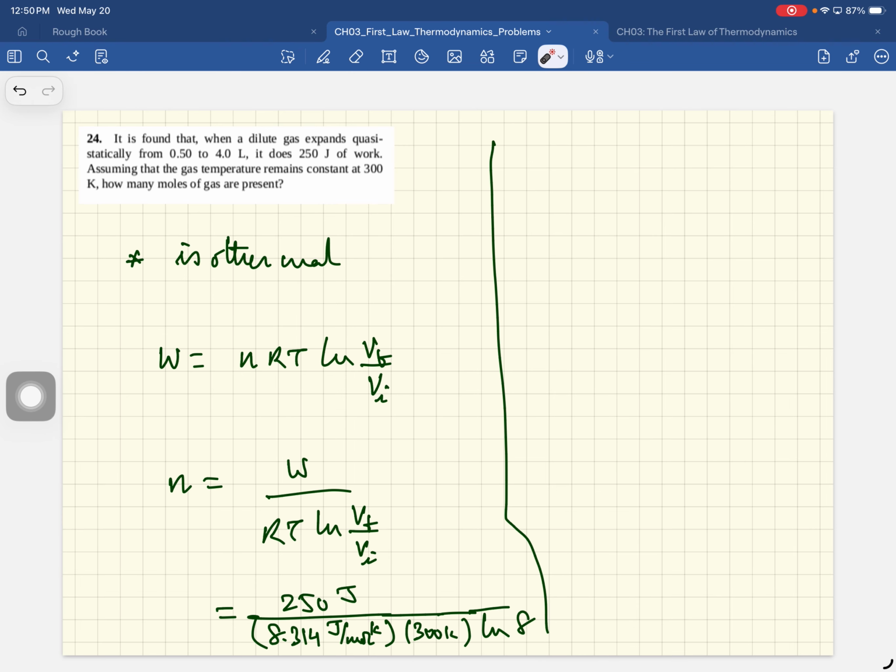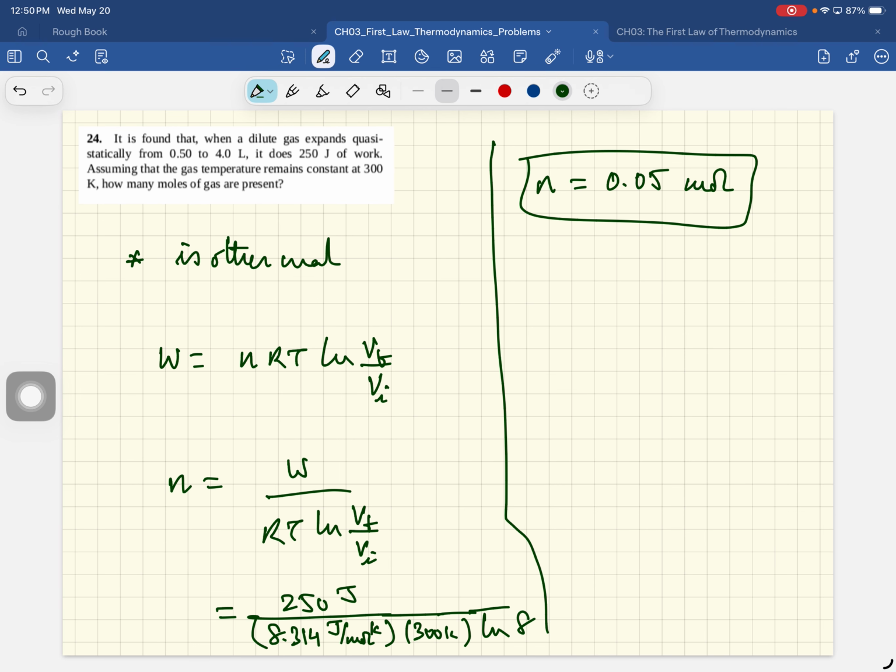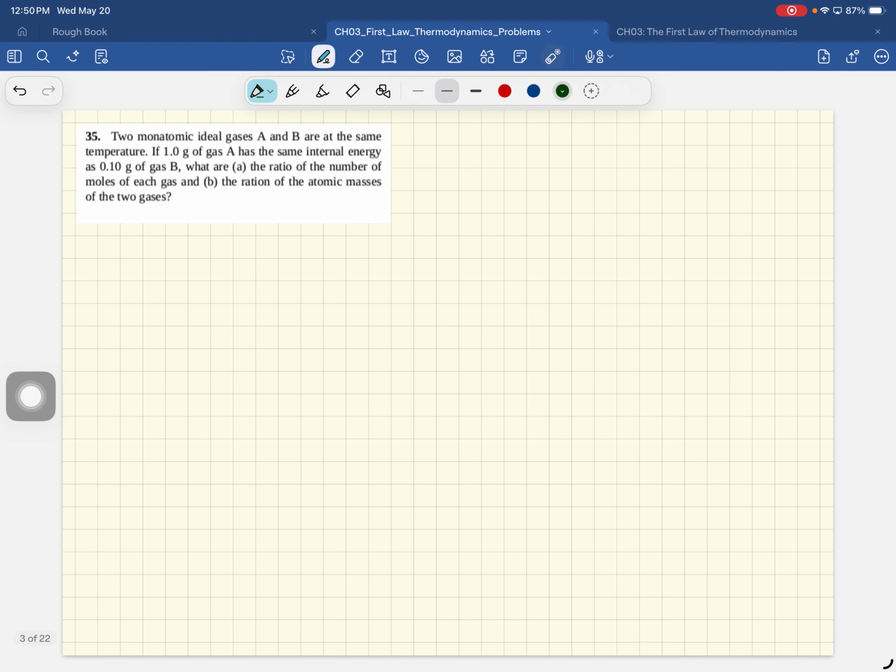So we'll have to do this integral and then this integral. Okay. So the work done in process 1 plus work done in process 3.